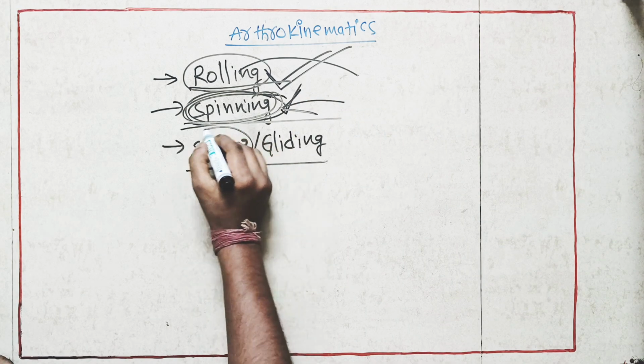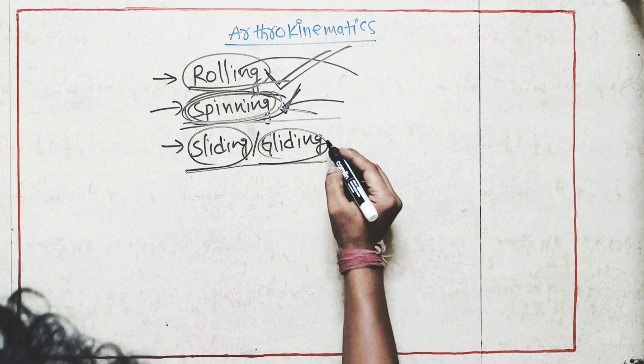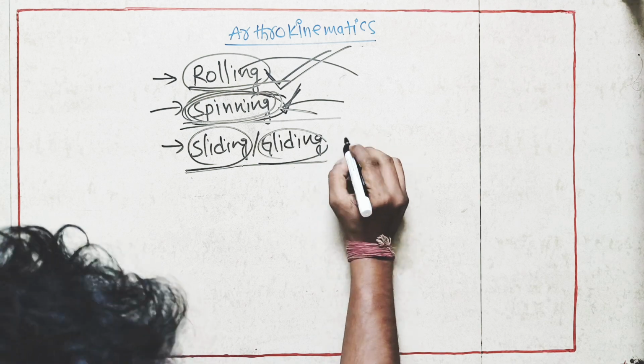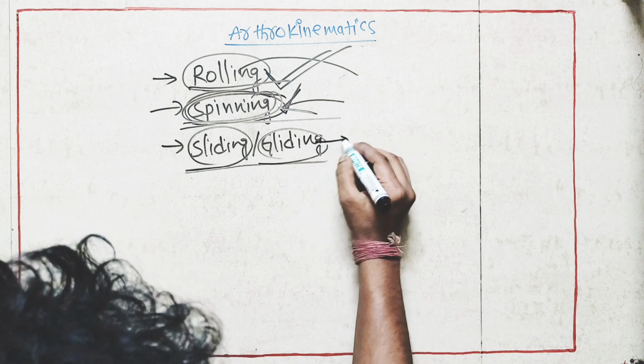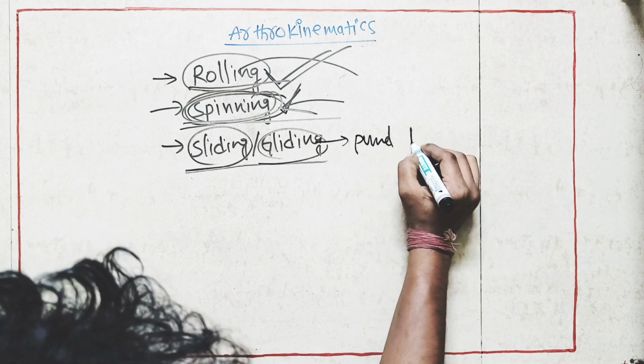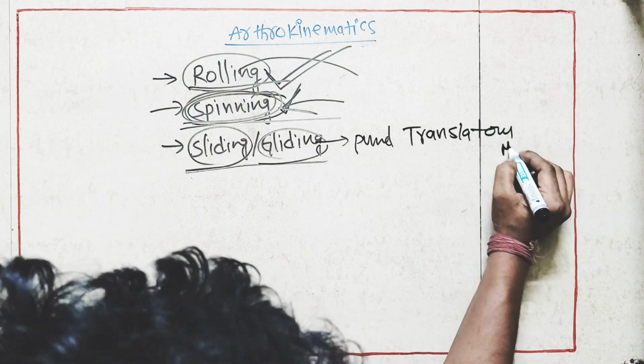Now we'll see sliding movement, also called gliding. In this sliding movement, what will happen? It is a purely translatory movement.